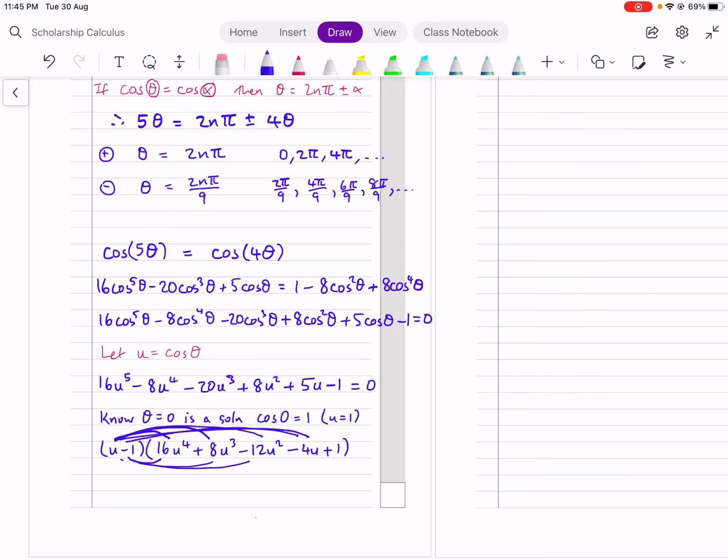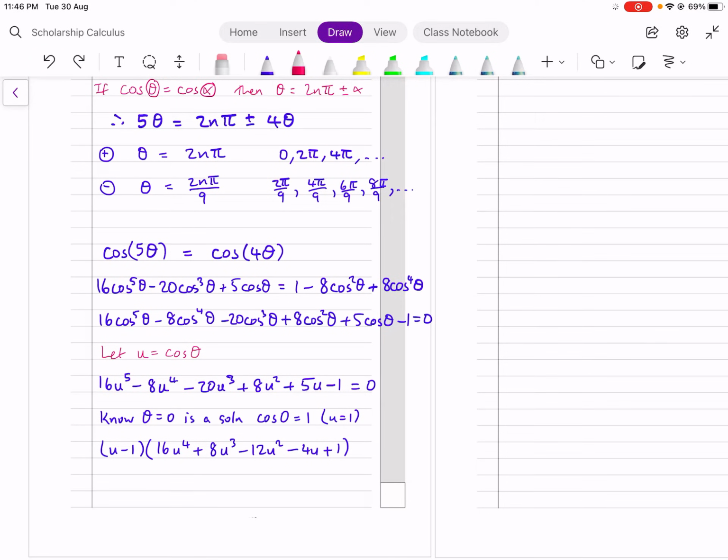What was the last thing I had? I had a plus 4u plus another u is plus 5u, and then the last term is minus 1 times 1. Right, so it does factor. That's quite tricky actually, but what I did is I went through each of the terms and made sure that they worked in order.